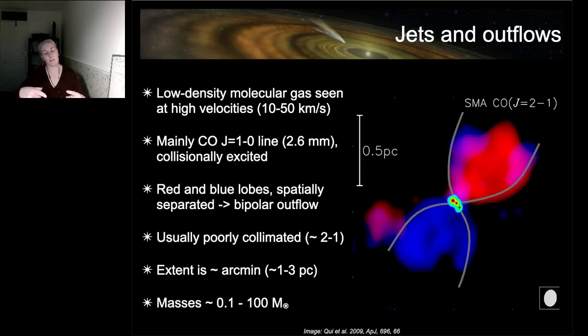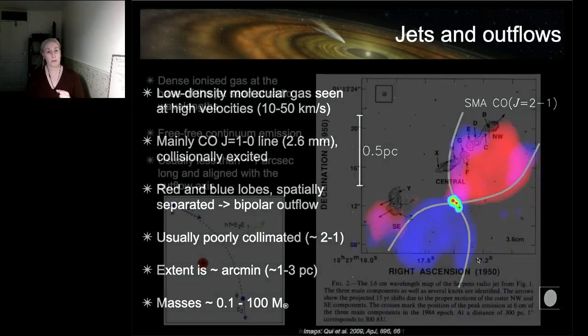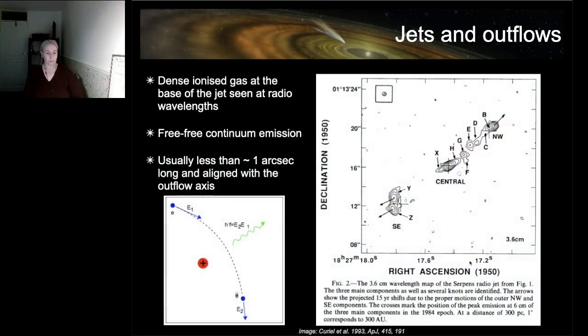So these jets and outflows play a very important role in carrying away angular momentum from the system, allowing the star to slow down and actually stabilize and form. So that's why they're very important, not only as markers of star formation activity, but also in actually helping the process of star formation itself.